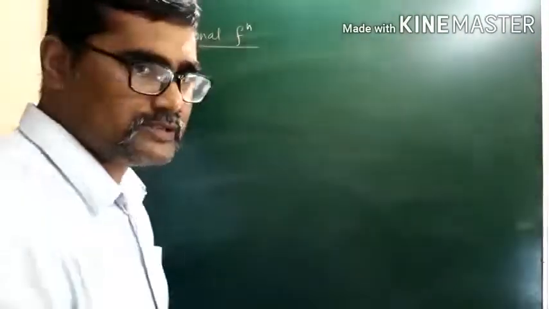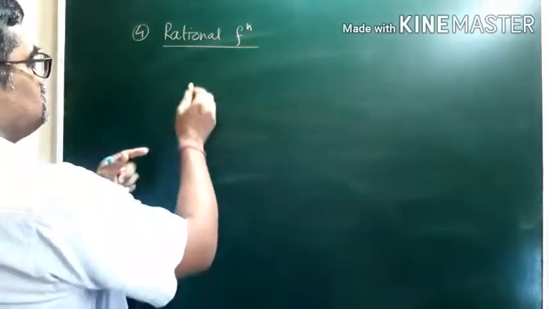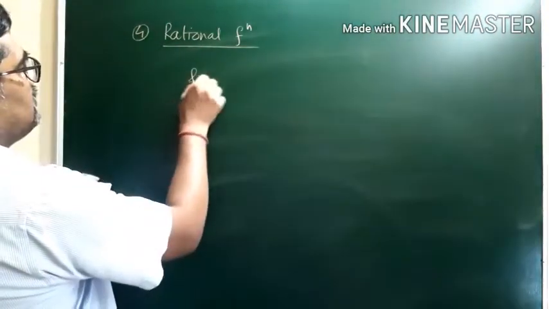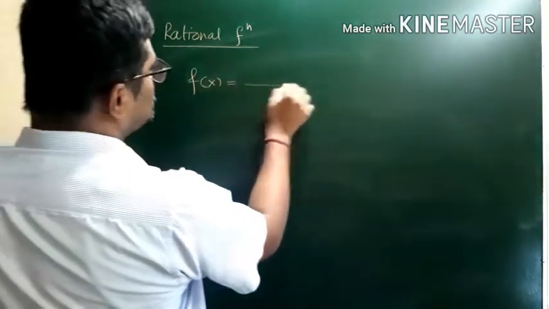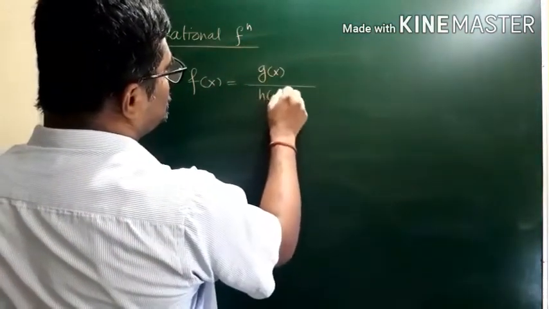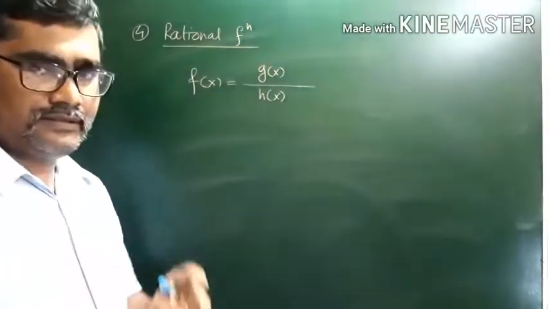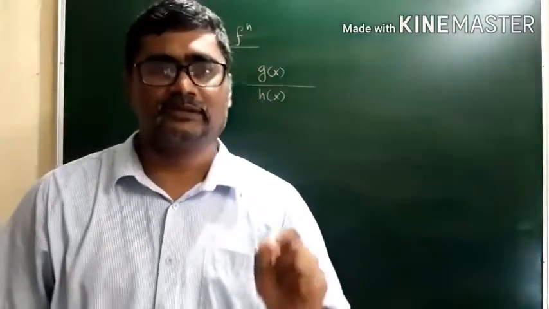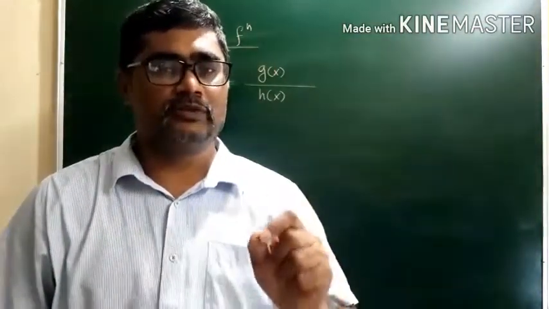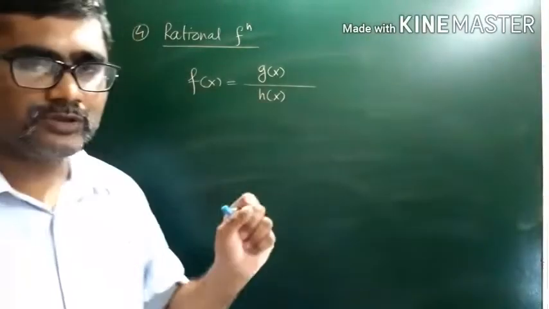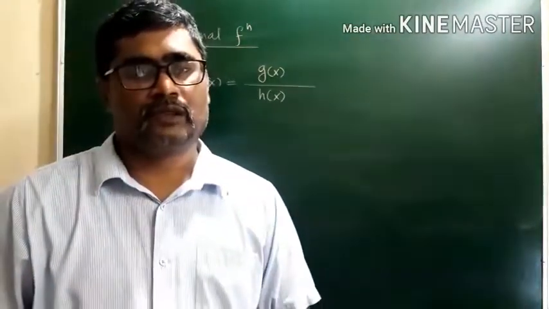Say, if I write f(x) equals one polynomial g(x) divided by another polynomial h(x). These polynomials are from real numbers to real numbers, and you have to exclude from the domain those points where the denominator comes out to be 0, if any, right?